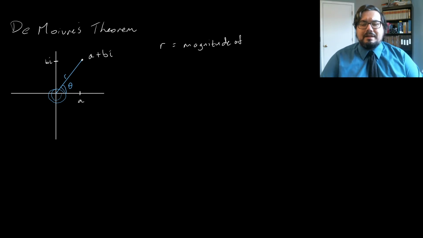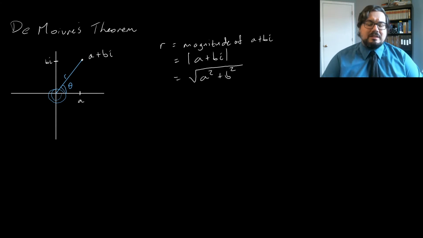of the complex number a plus bi, which we denoted using the absolute value notation, and which has an easy formula, the square root of a squared plus b squared. And then theta is the argument, or is an argument of a plus bi.